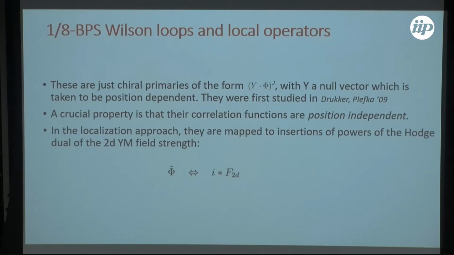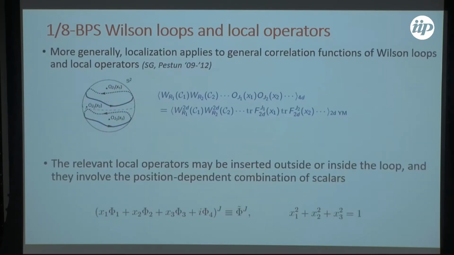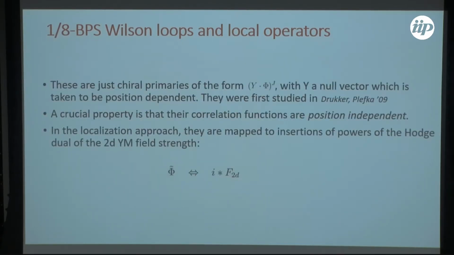In the localization map, you can understand this because you can show that this particular combination of scalars maps to the Hodge dual of the two-dimensional Yang-Mills field strength, and that also has the property that its correlation functions are position independent. It just follows essentially from the equations of motion of Yang-Mills.